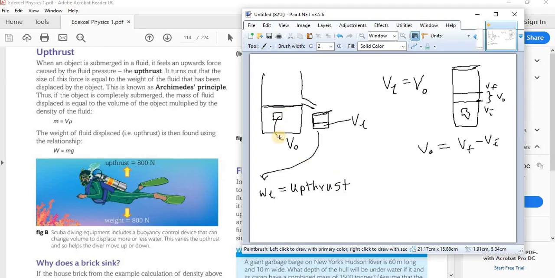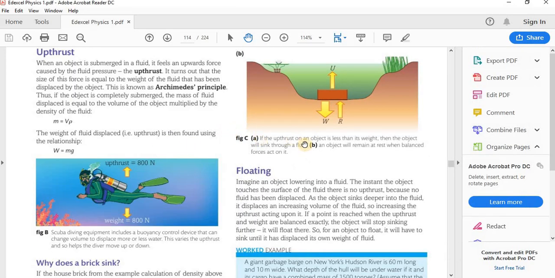So if a greater volume of water is displaced, there will be a greater weight here, so the upthrust will be more. So the greater the volume of water or liquid displaced, the greater the upthrust, because the greater the weight of the liquid that collects here. Okay, so you have to remember all this, very important.